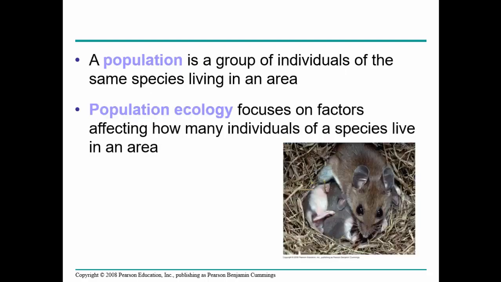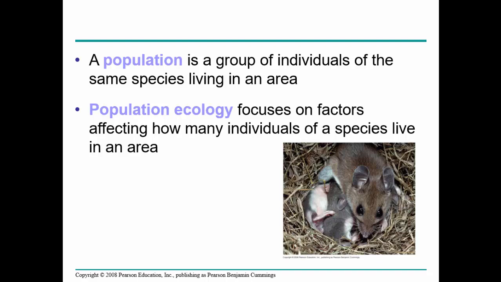The next step is population ecology, and because the name is population ecology, it emphasizes population. So what is a population? A population is a group of individuals of the same species living in an area. Simply said, a population is a collection of organisms of the same species.